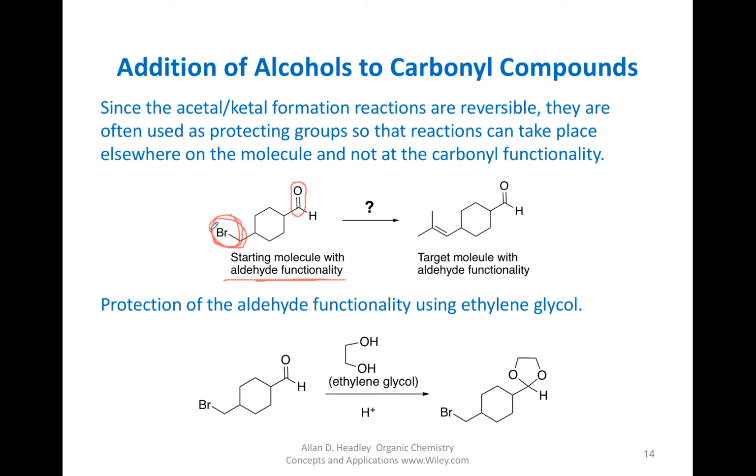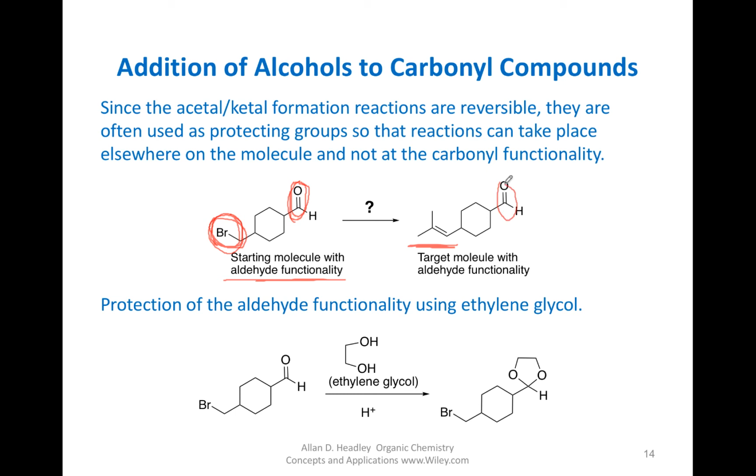So this molecule is a difunctional molecule. It has a bromide, which is a good leaving group, and it is also an aldehyde. So your job is to carry out reactions here to get a functionality looking like this, but not affecting the aldehyde functionality.